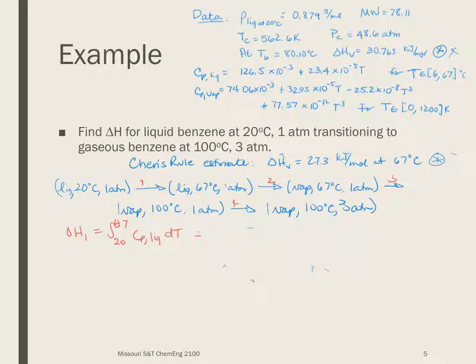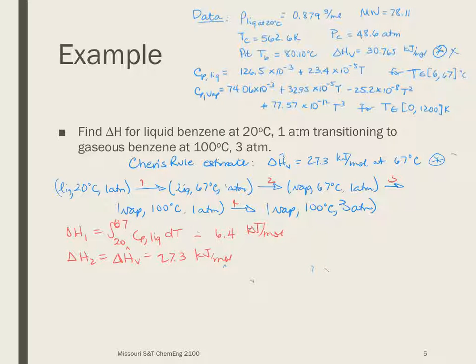When I did that earlier, I came up with 6.4 kilojoules per mole. Delta H2 is going to be for the phase change, so this is going to be the heat of vaporization. So that's 27.3 kilojoules per mole.